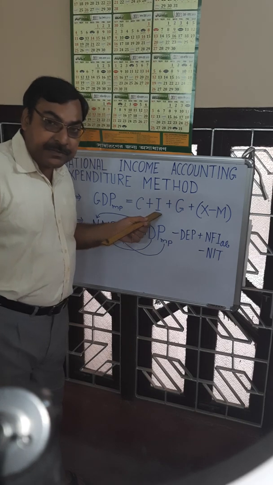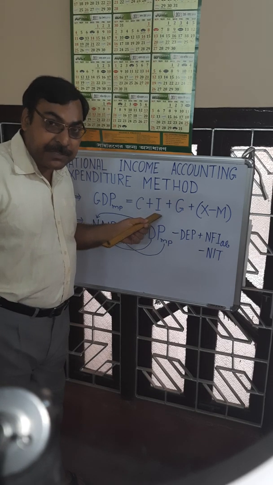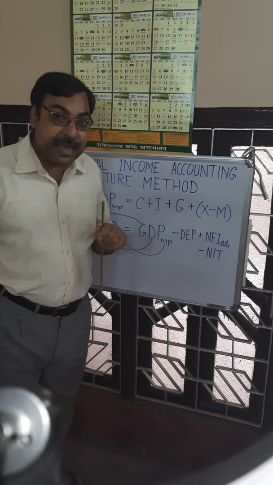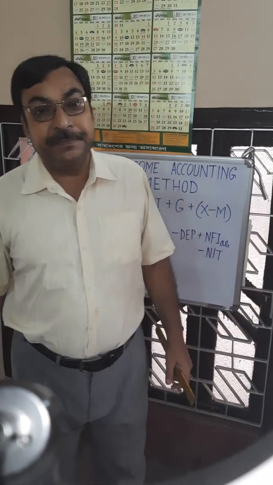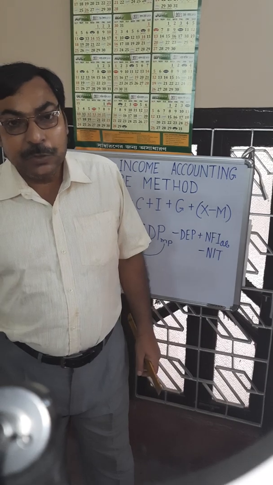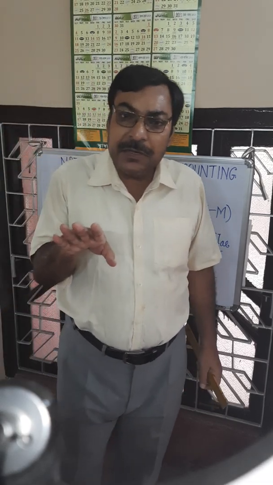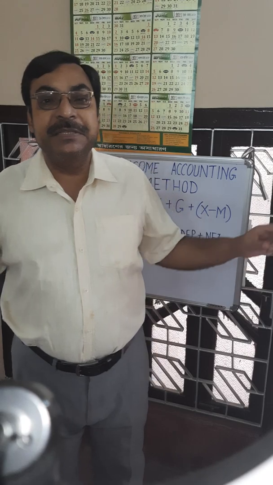Next component of expenditure is I. Capital I stands for investment expenditure. Investment expenditure means gross domestic capital formation in the economy. Gross domestic capital formation refers to the expenditure on capital goods by the business firms to run their business units.